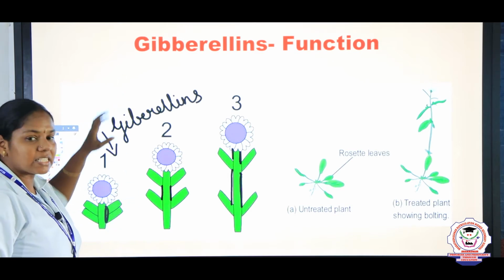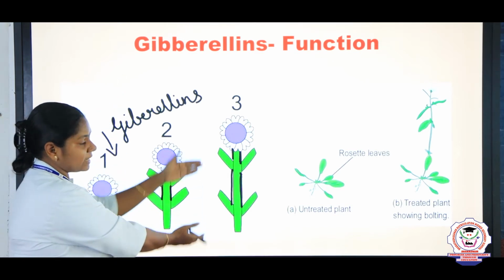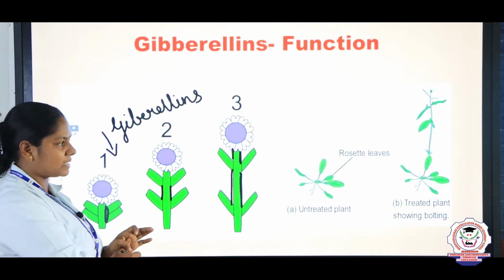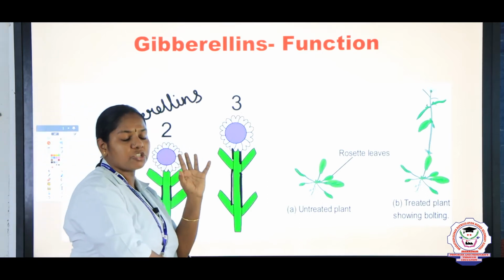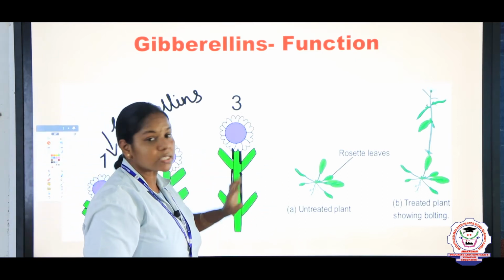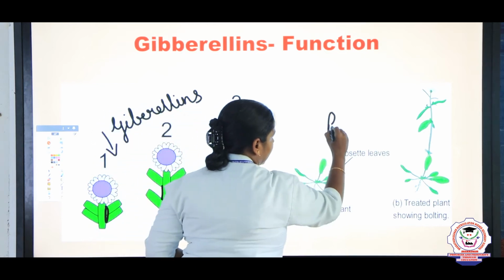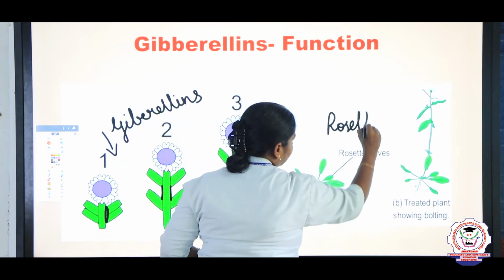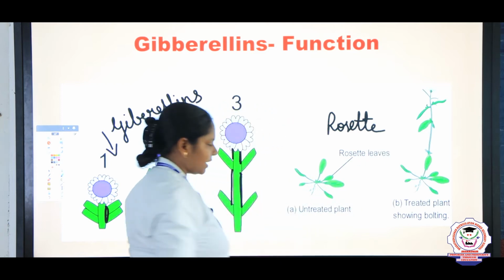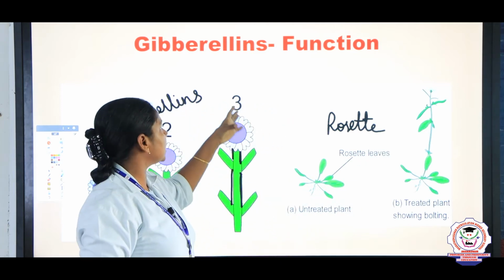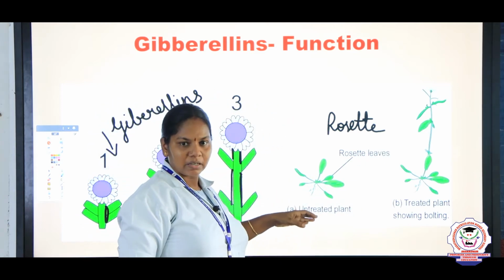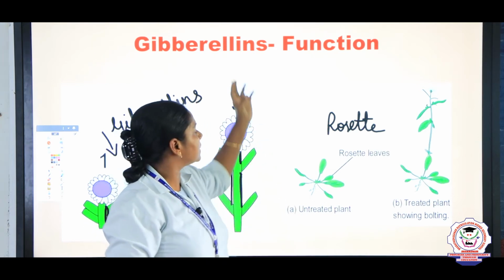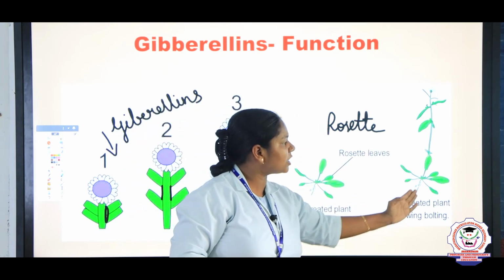The gibberellins are responsible for stem elongation in plants, and they have applied the gibberellins in a rosette plant. Rosette is a type of plant. Just see the plant, before administering the gibberellins, it was like this. But after stimulating the plant with gibberellins, there was internodal elongation.